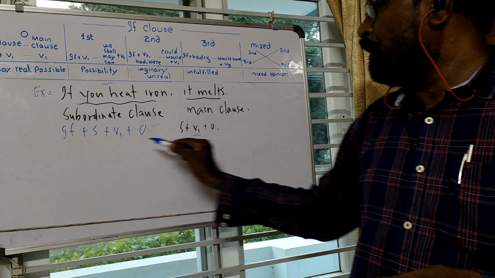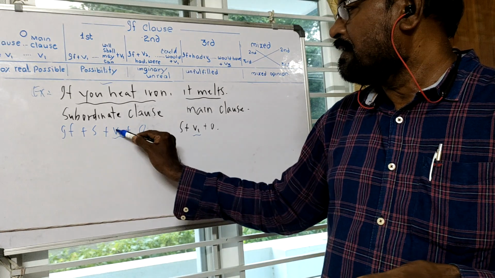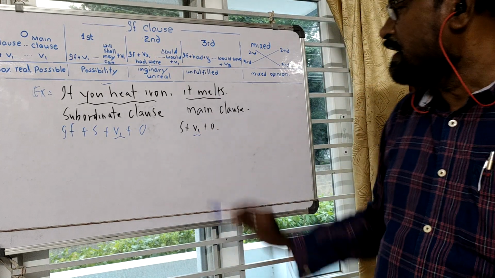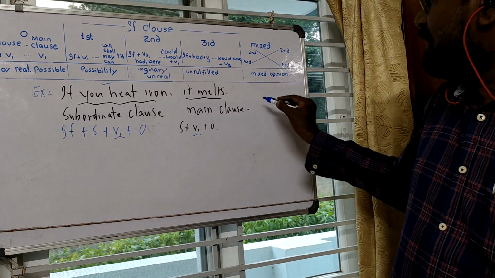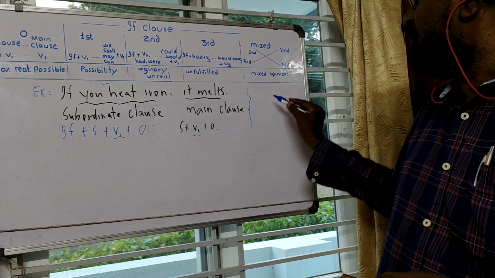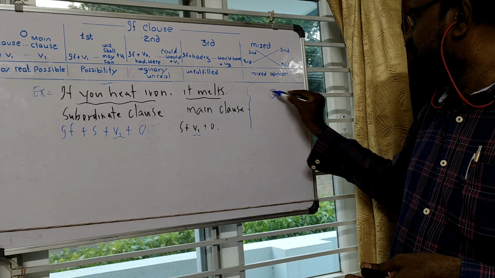So here we use V1, the present form, and here also we use the present form. This condition we call the zero condition.